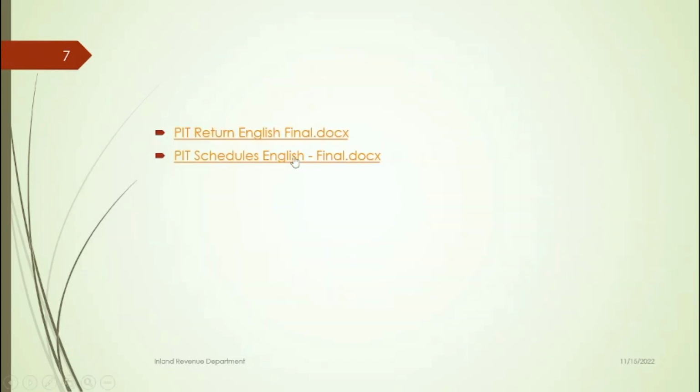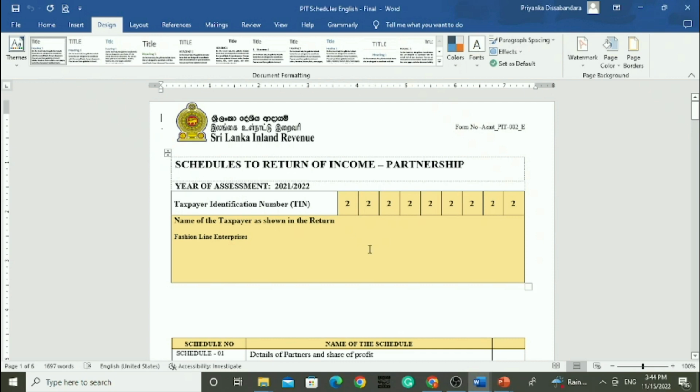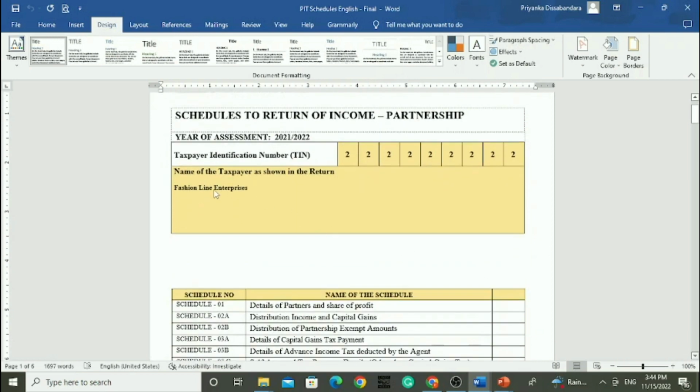Now we can enter these details in the return and schedules. First of all, we have to fill these details in the schedule. After that, we can take these figures in the schedule to the return. This is the schedule. First of all, we have to enter their TIN number and the name will be printed in this place.